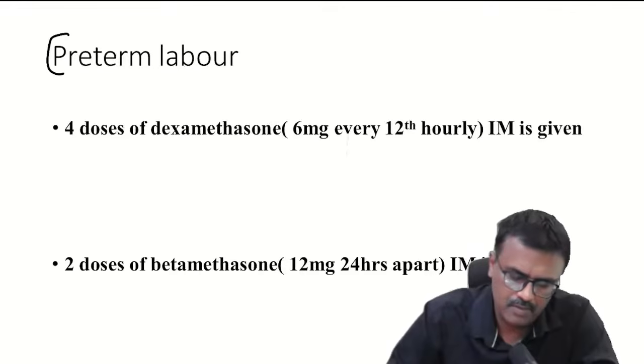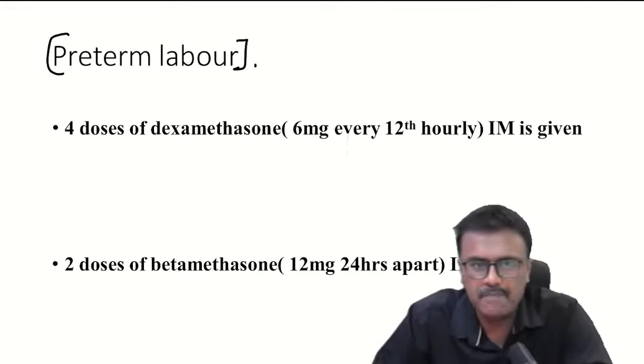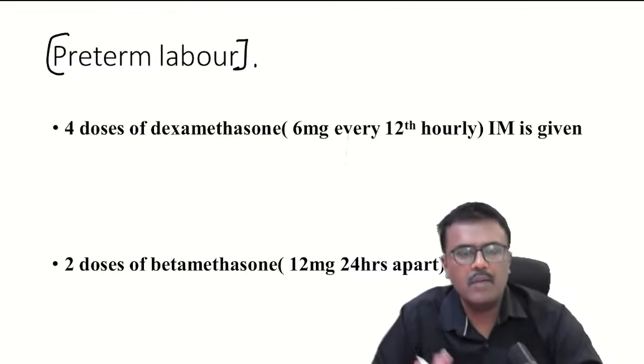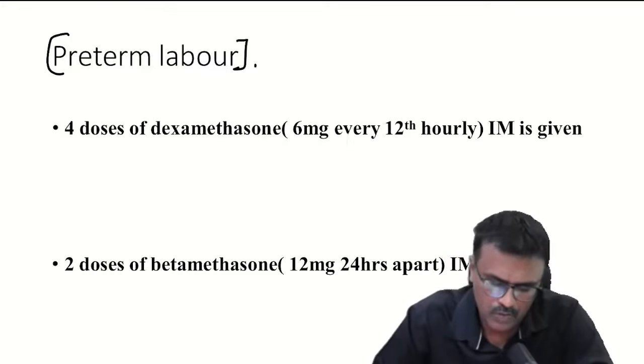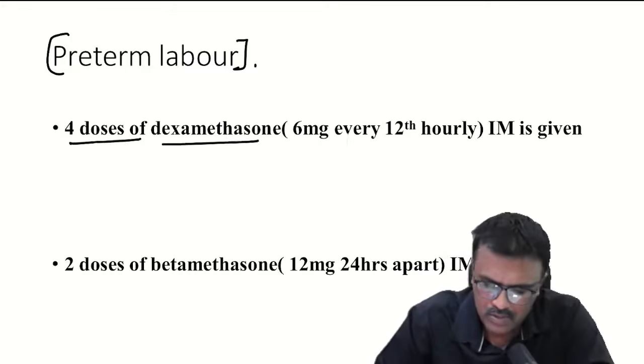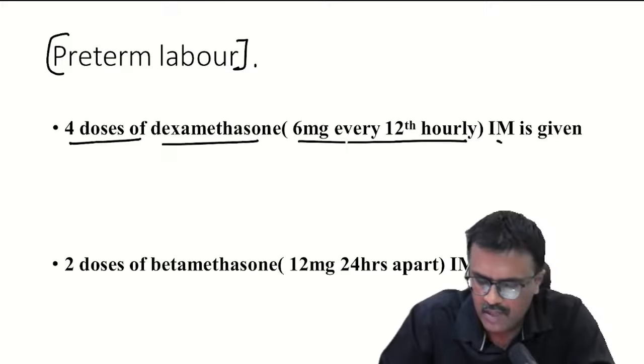Preterm labor. So it is again tested. If there is a preterm labor, you are not able to stop the contractions. Now what I can do, I can make the baby's lungs mature. So for that, I can give 4 doses of dexamethasone, 6 milligram every 12th hourly IM.